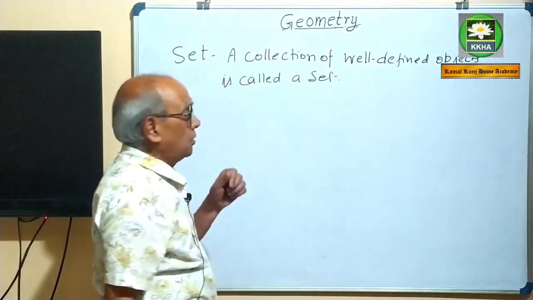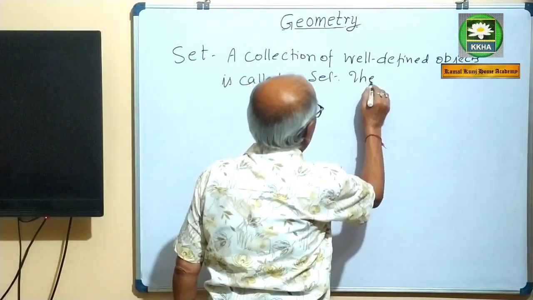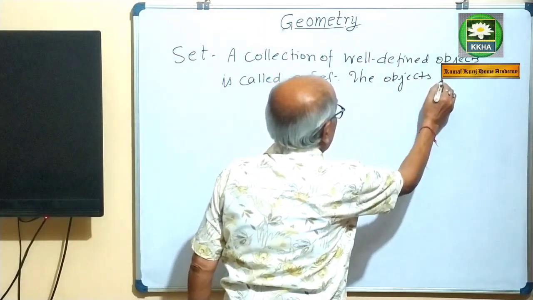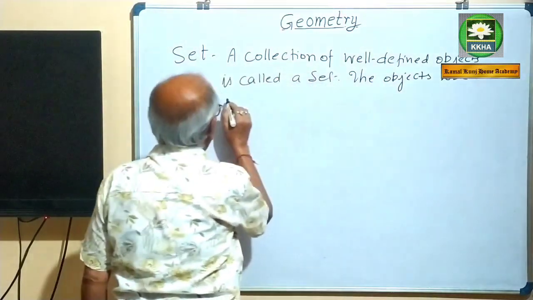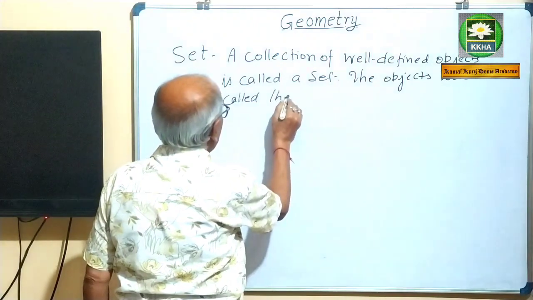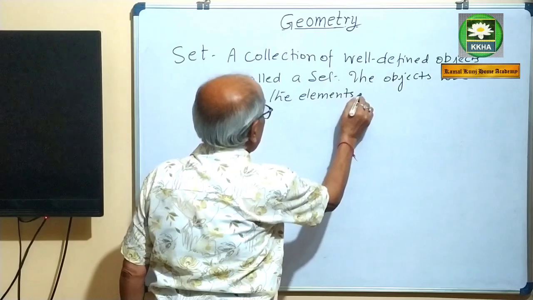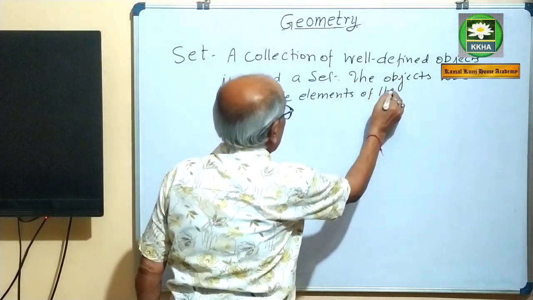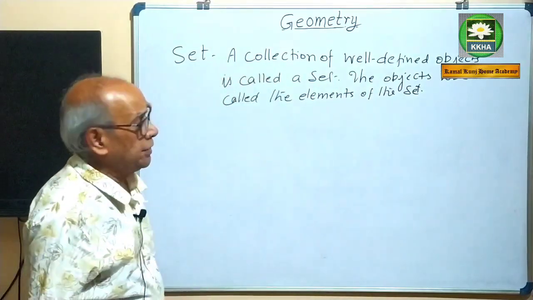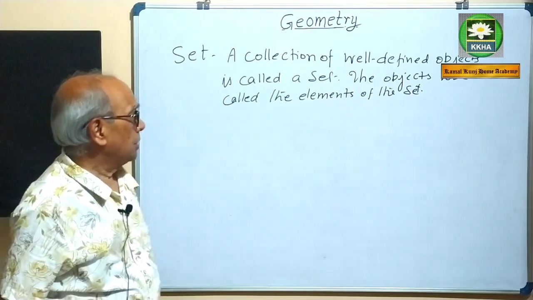Now the objects are called elements of the set. So a collection of well defined objects is called a set and the objects are called elements of the set.